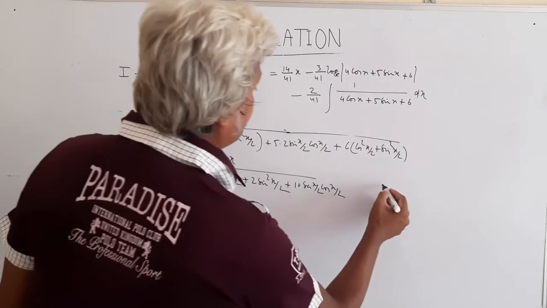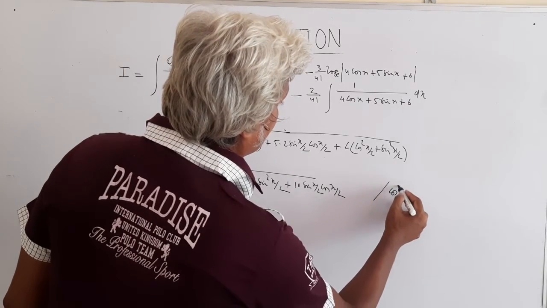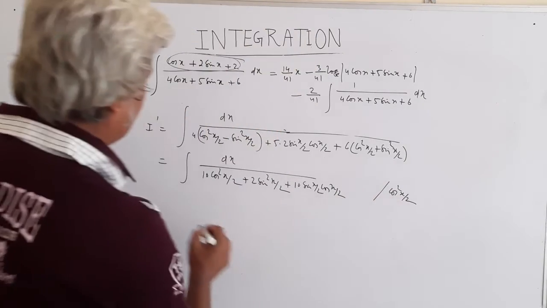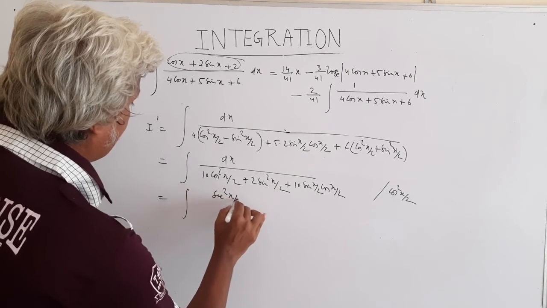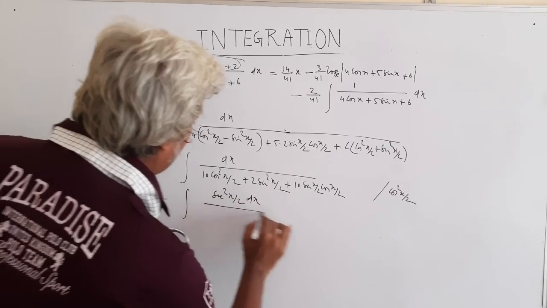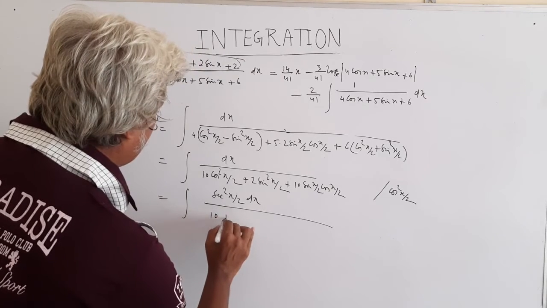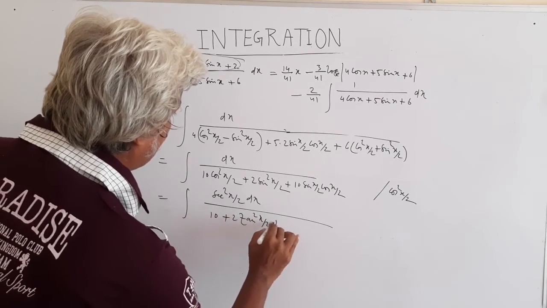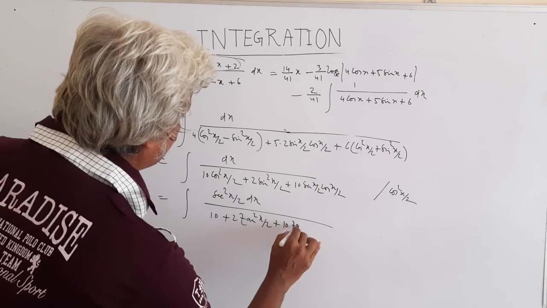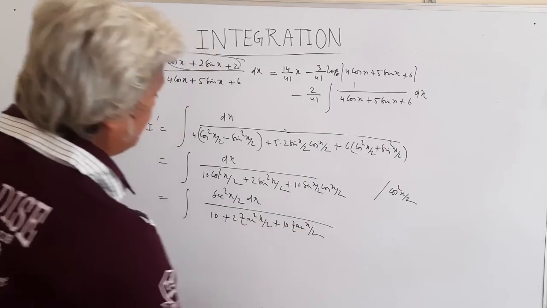Now I divide numerator and denominator by cos square x by 2, then my integration will become sec square x by 2 dx over 10 plus 2 tan square x by 2 plus 10 tan x by 2.